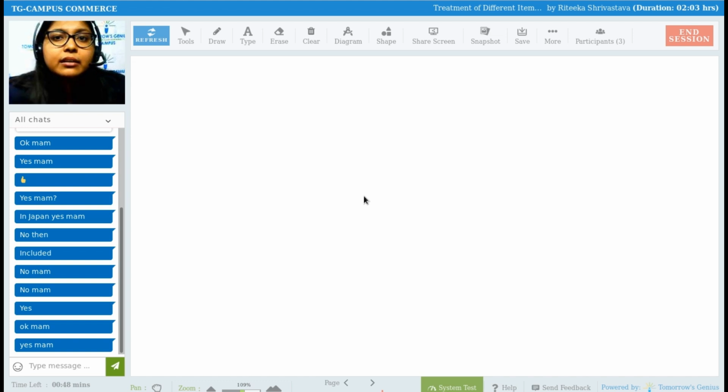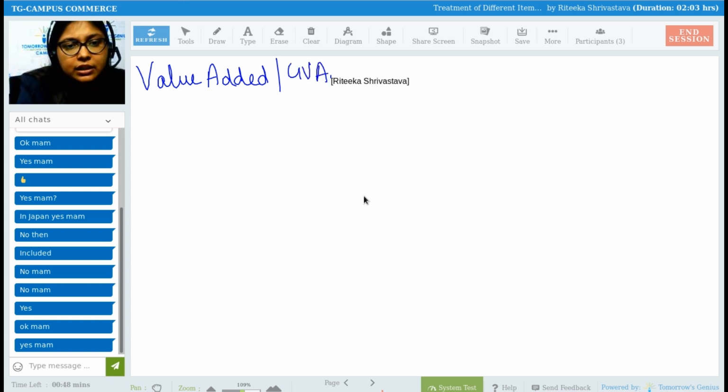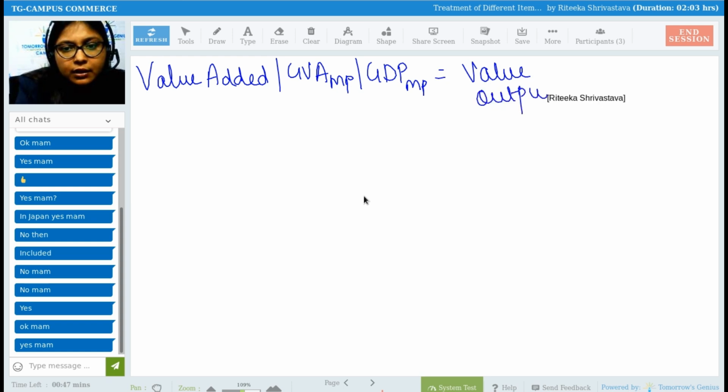First, three methods are there: value added method, income method, expenditure method. Formulas of value added method. The aggregate of value added method is GVAMP, which can also be called GDPMP. Formula: value of output minus intermediate consumption.